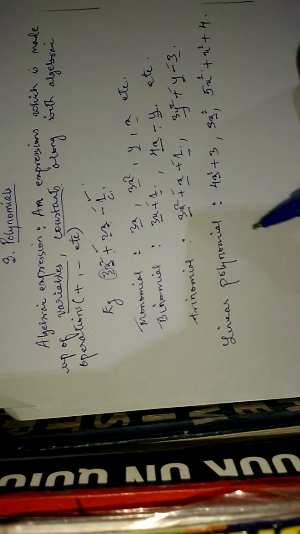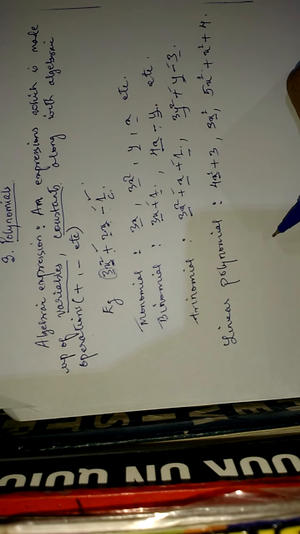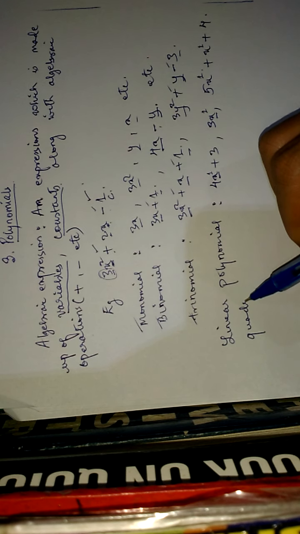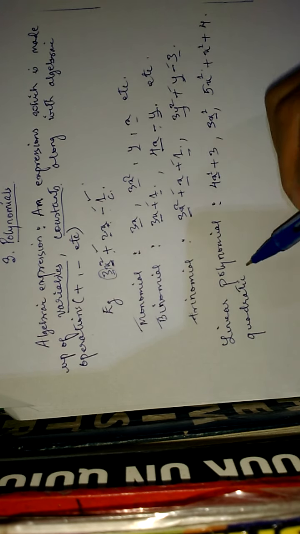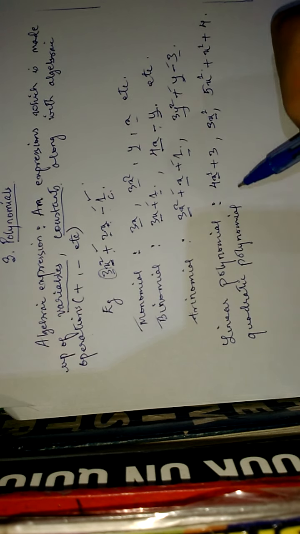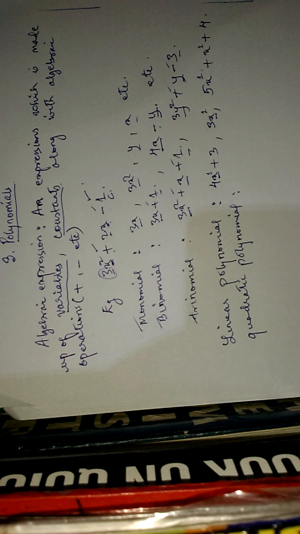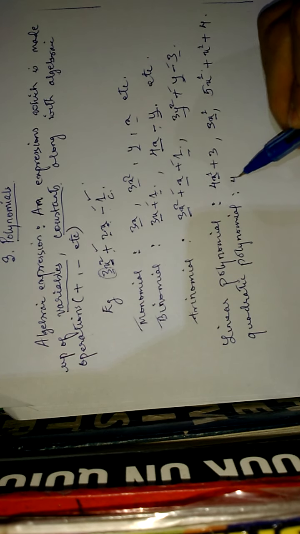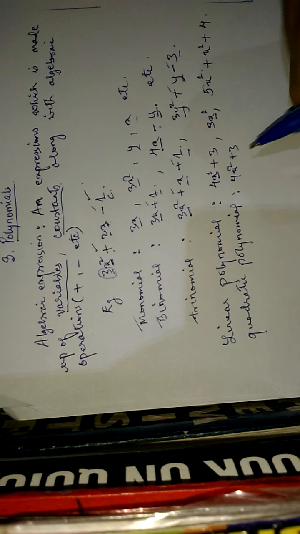And quadratic polynomial. In case of quadratic polynomial, the highest exponent or power should be 2. Here 4x squared, the highest power or degree of the variable should be 2.